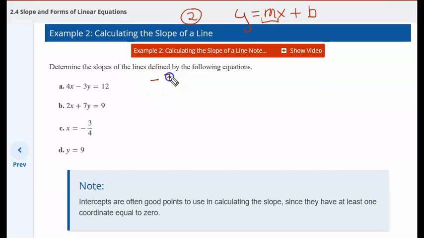So a negative 3y. I'm going to transpose this to the other side as a negative 4x plus 12. Now divide everything by a negative 3 because I want a positive y.